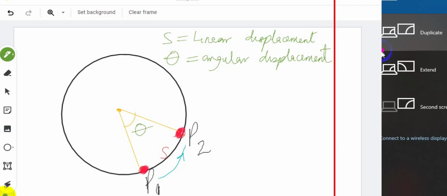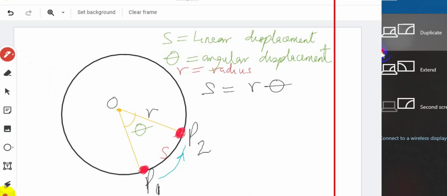In radian measurement, this is the radius r from O to P1, and S is equal to r theta. So linear displacement is equal to radius times angular displacement. R stands for radius.